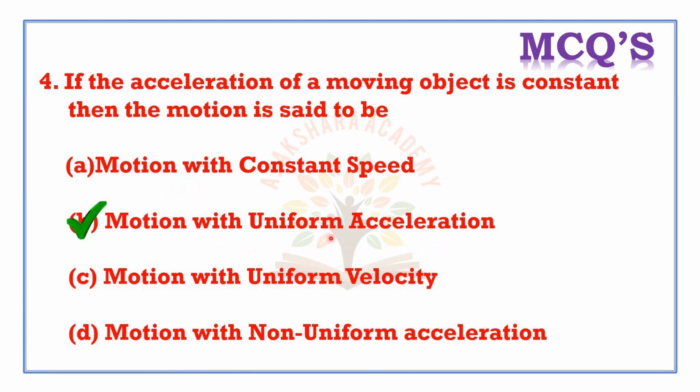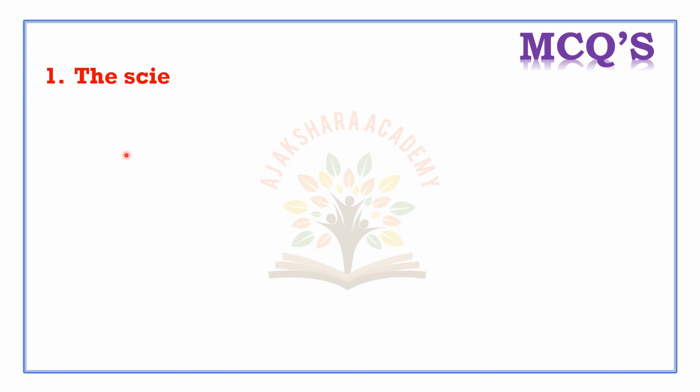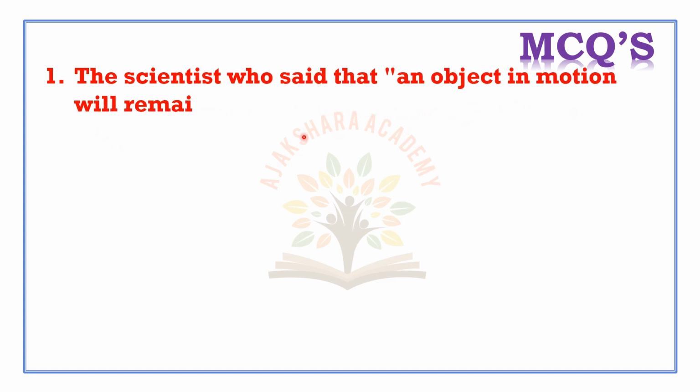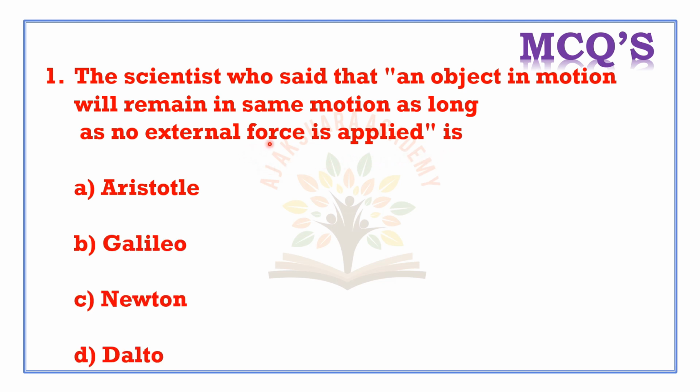Okay. Next. Now I'll discuss laws of motion, multiple choice questions and answers. Let us discuss the first one. The scientist who said that an object in motion will remain in the same motion as long as no external force is applied. Here this statement is said by Galileo.